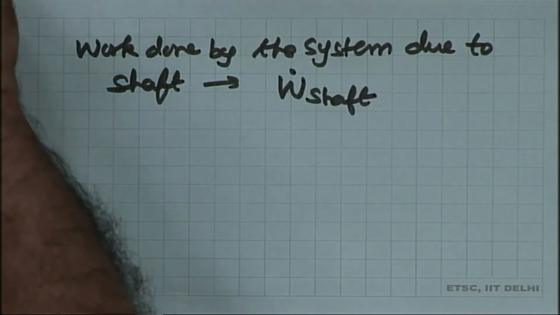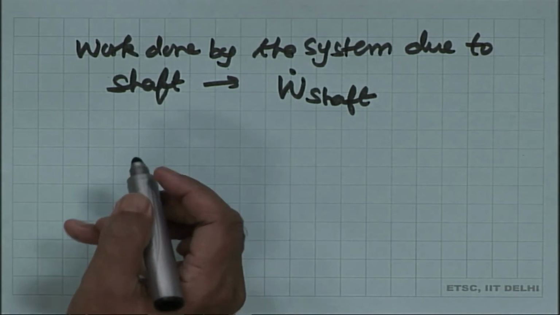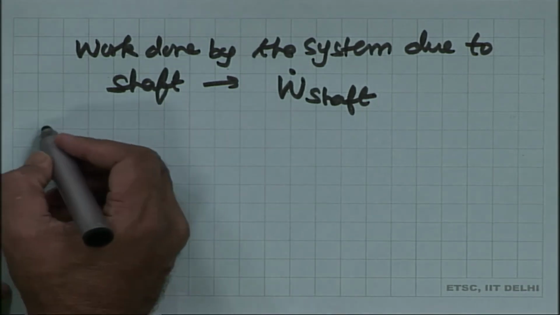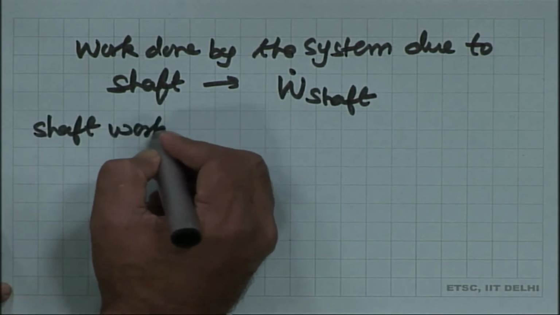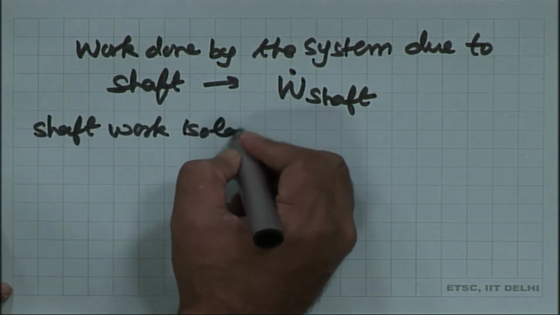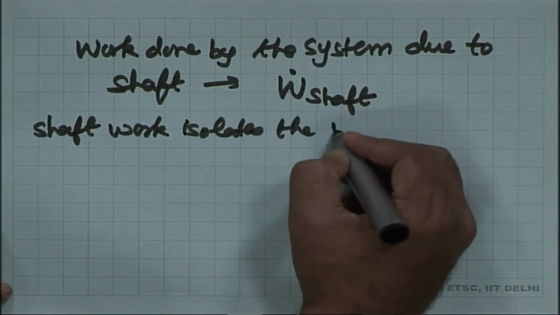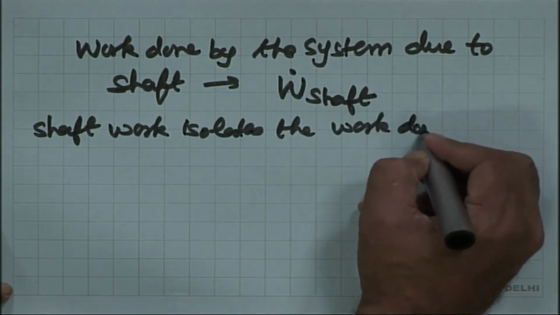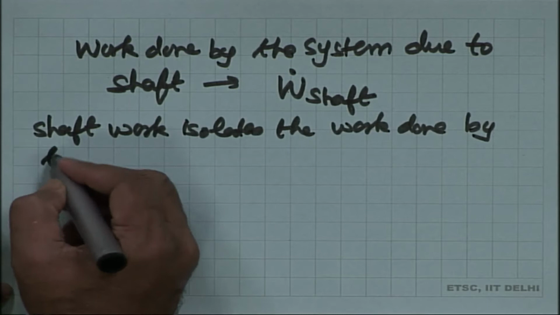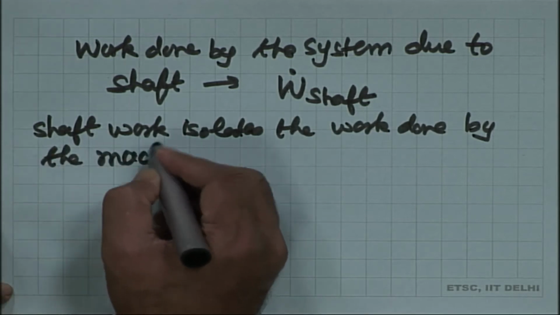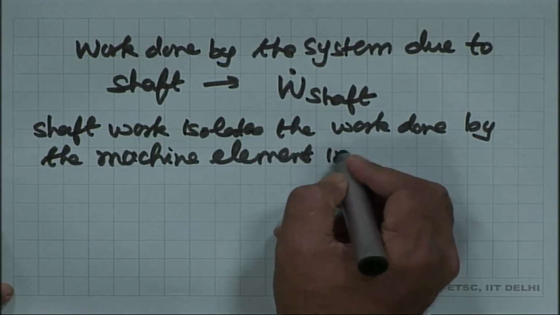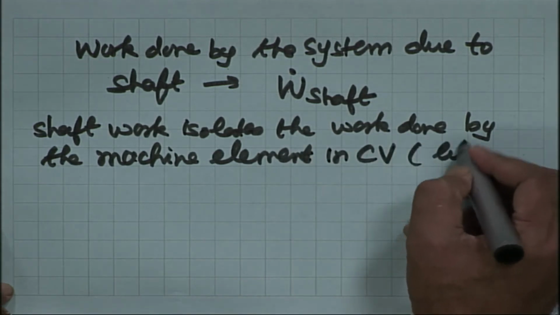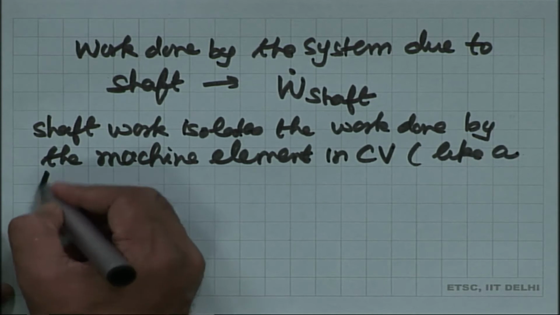So, this is the work done by the shaft, and shaft work, as I have written, I will just write it again, isolates the work done by the machine element in the control volume, like a pump.